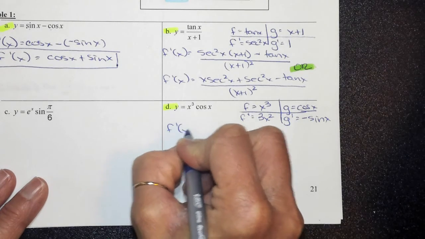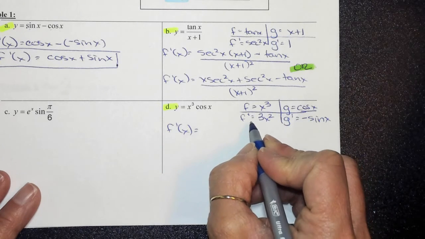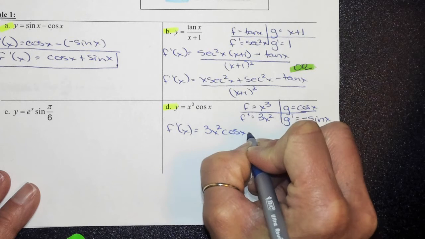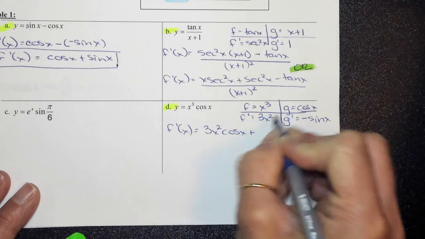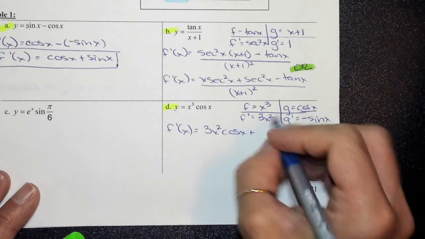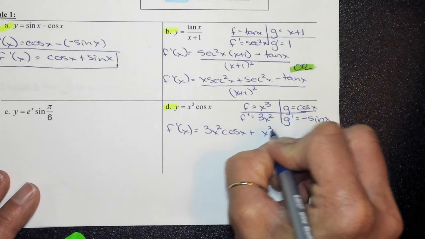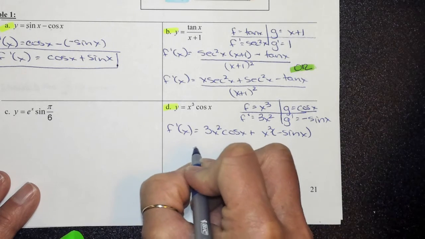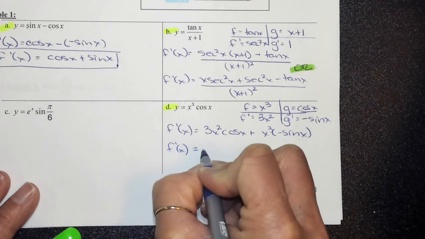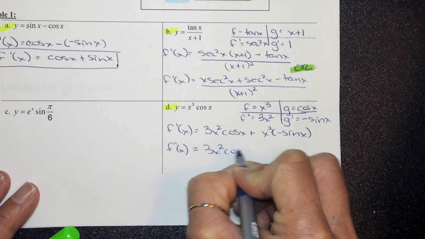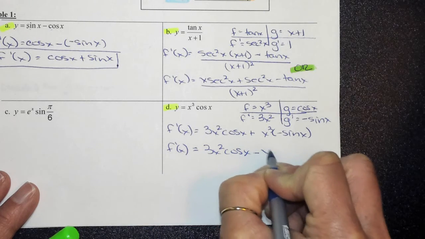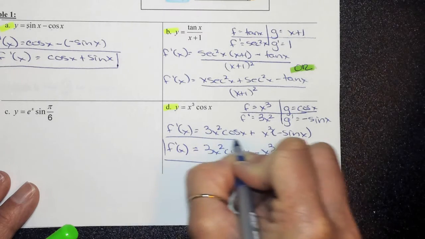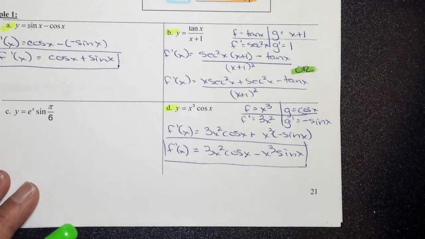So f prime of x is equal to f prime times g, so it's 3x squared cosine of x, plus f g prime, so it would be x cubed times negative sine of x. So I would just need to simplify this. So f prime of x is 3x squared cosine of x minus x cubed sine of x. Okay, in calculus, you no longer will have plus and negative.